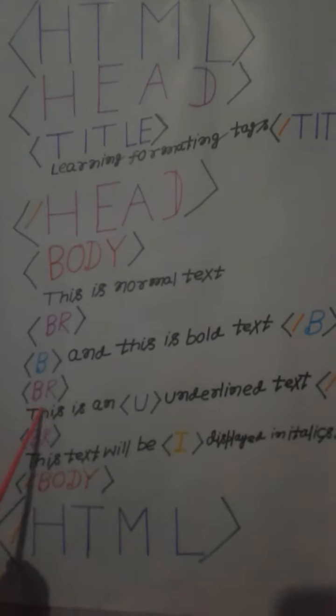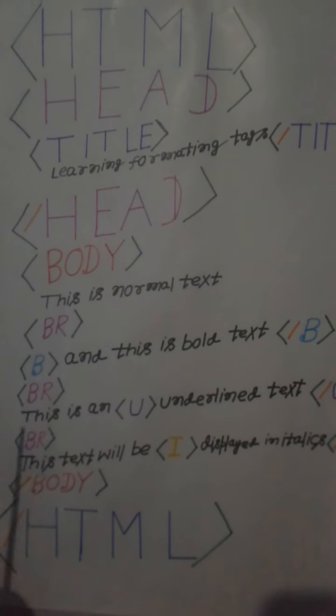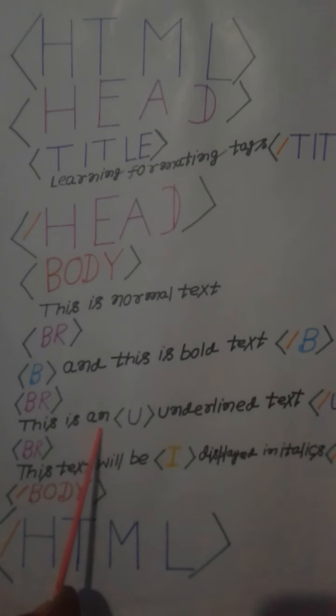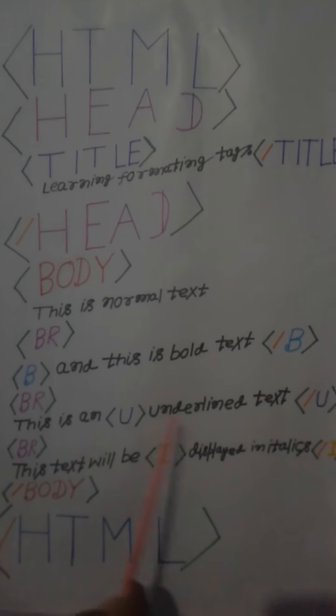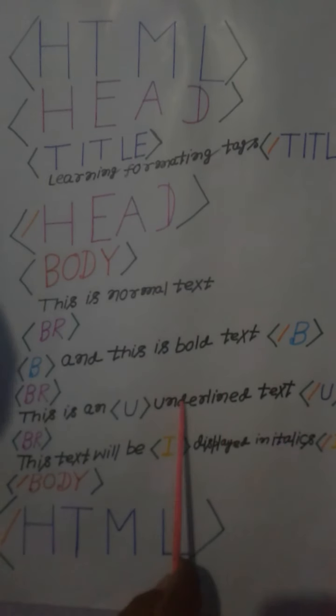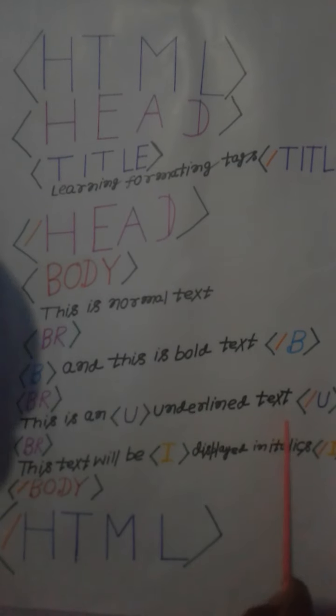Now again we use BR tag for next line. Here we use U tag. U means underline. So we write here underlined text. You can write anything here; whatever you write will be underlined. Got it? And next we use BR tag for next line.